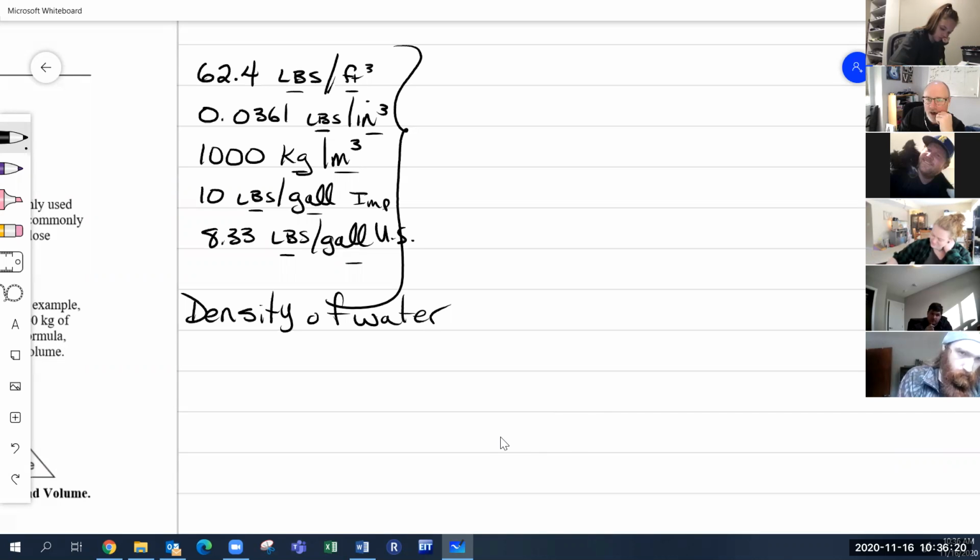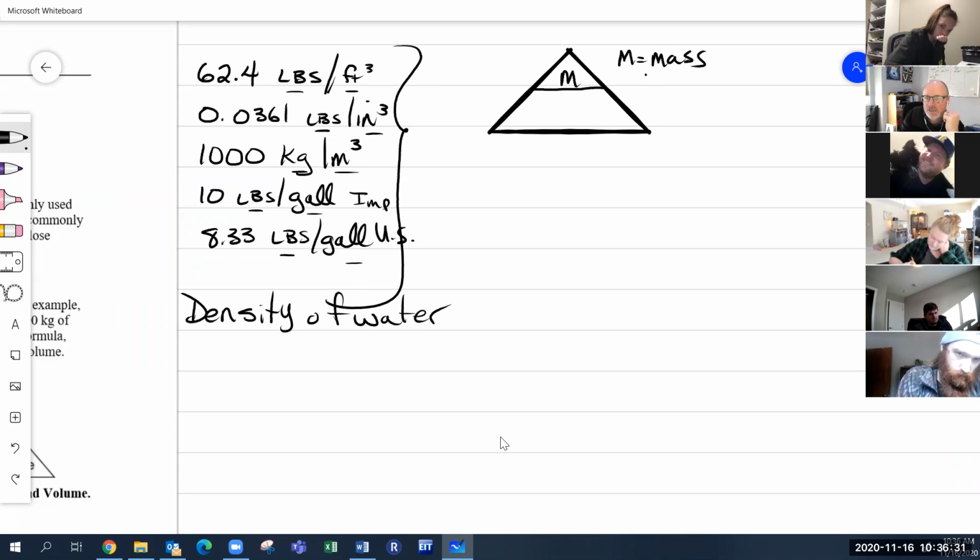Now, we can calculate densities by using this formula triangle where M is the mass, and the mass is always in pounds or kilograms. Mass is a weight, okay? And we divide that by the volume, and the volume is always in cubic inches, cubic feet, cubic meters.